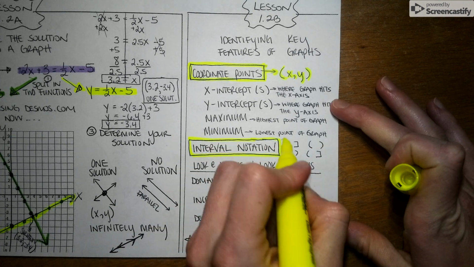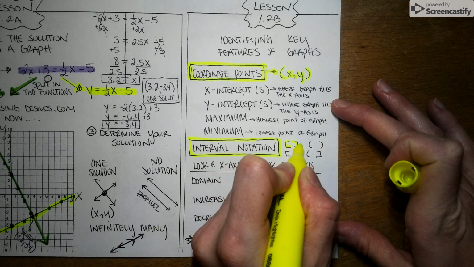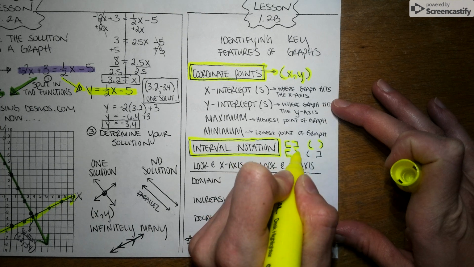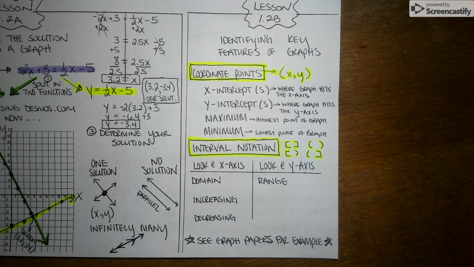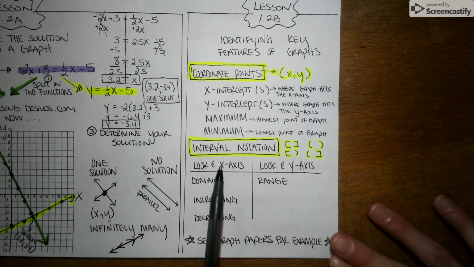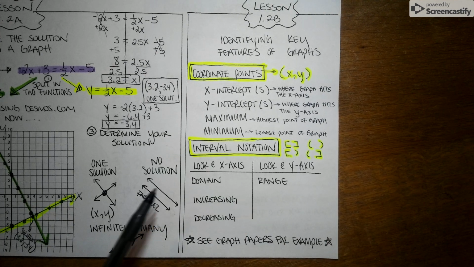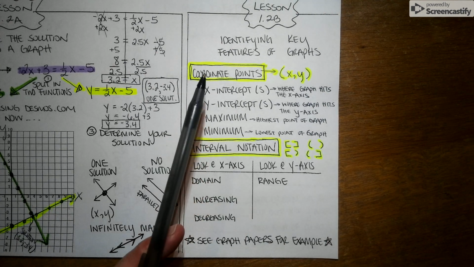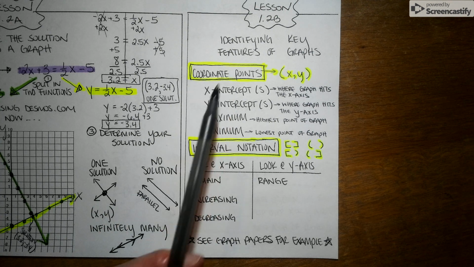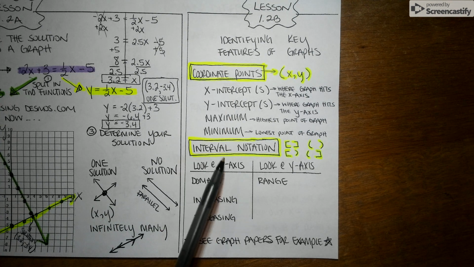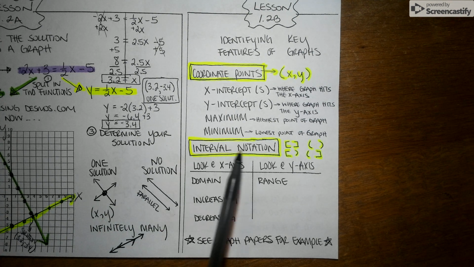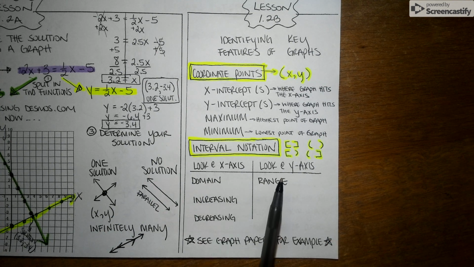So I'm going to go ahead and highlight these options then. So with interval notation, it does get a little tricky, and so I tried again, besides separating these key features into the two main categories that I currently have them in, I took interval notation and then split those into two main categories as well.